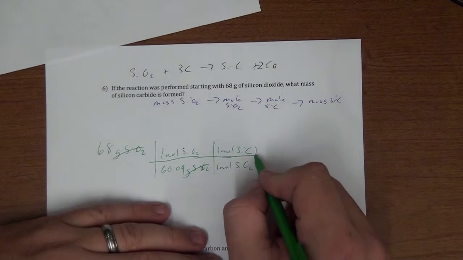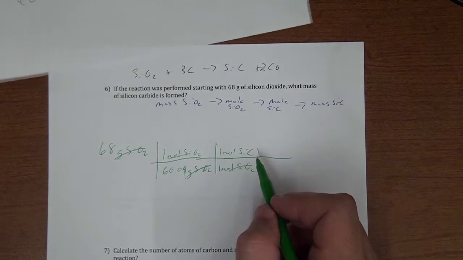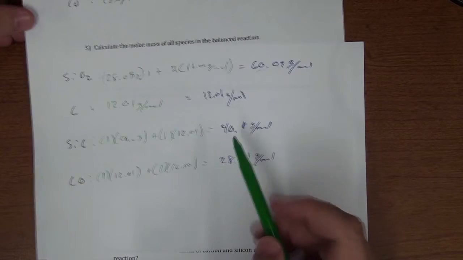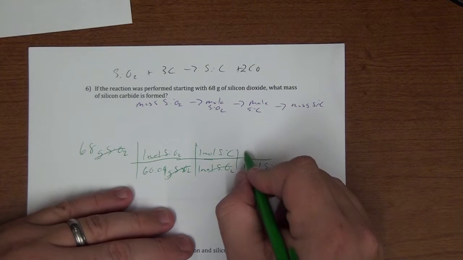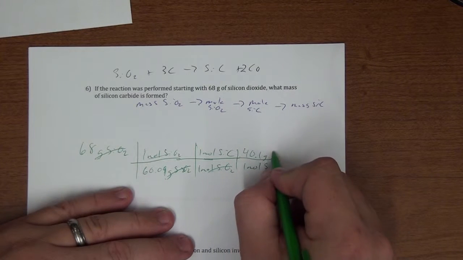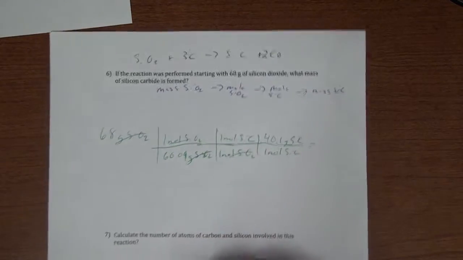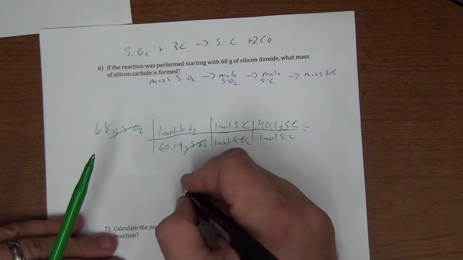And we don't want moles, we want mass. We have to use the molar mass again. For silicon carbide, it was 40.1. So for every 1 mole of silicon carbide, we get 40.1 grams of silicon carbide. Do the math, multiply everything on top, divide the things on the bottom. We get a mass.